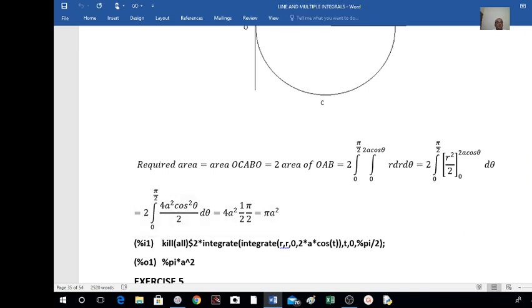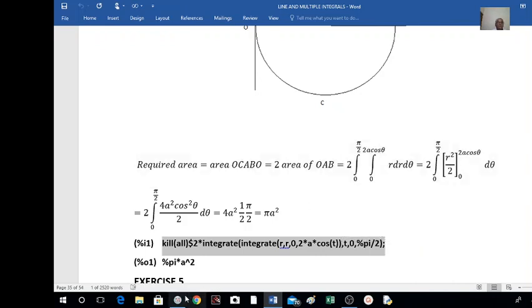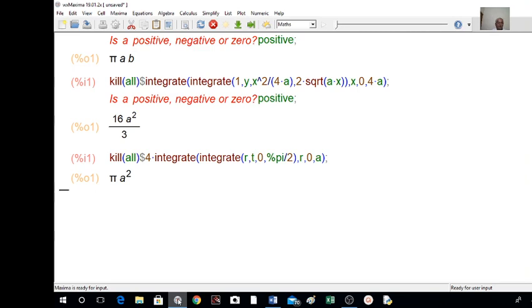And if we verify with Maxima, same commands. kill(all); integrate 2 into integration of r ranges from 0 to 2a cos theta and theta ranges from 0 to pi by 2.